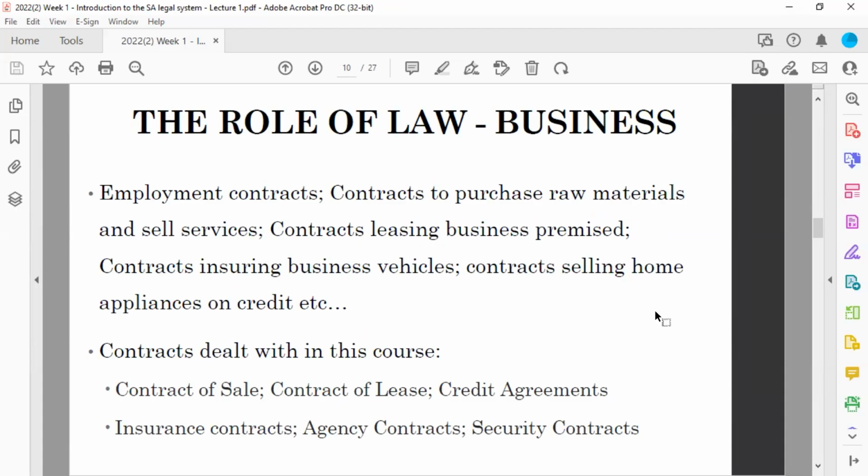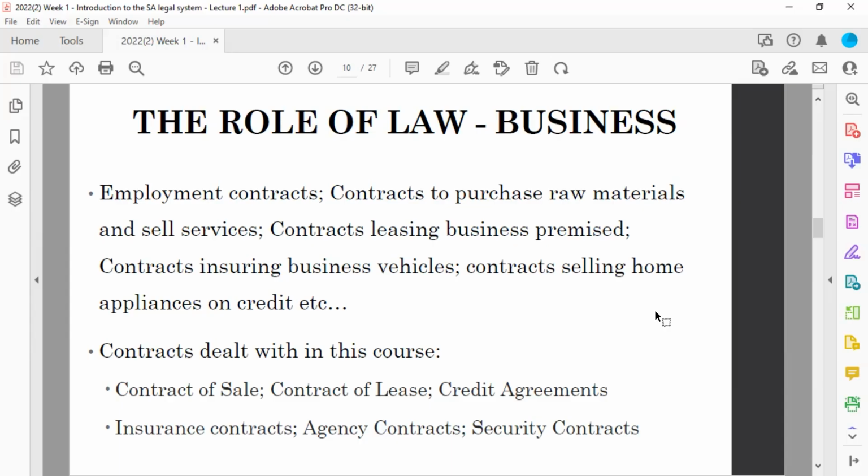Where you want to start a company, there are laws pertaining to how you start a company and how that company should run. Where you want to apply for credit, there are laws applying to credit and how credit can be given to a person or to a business.